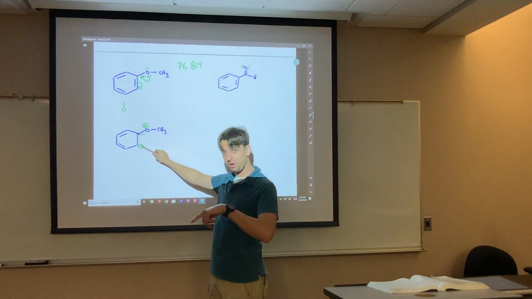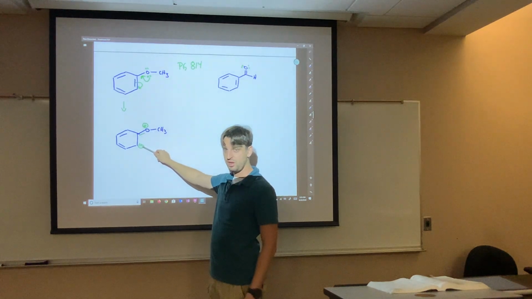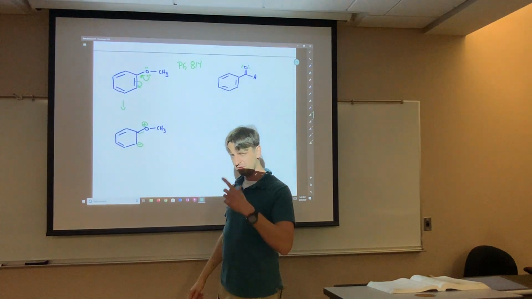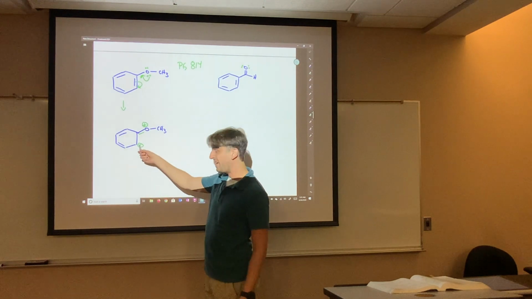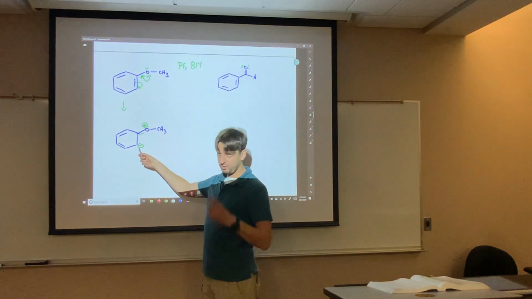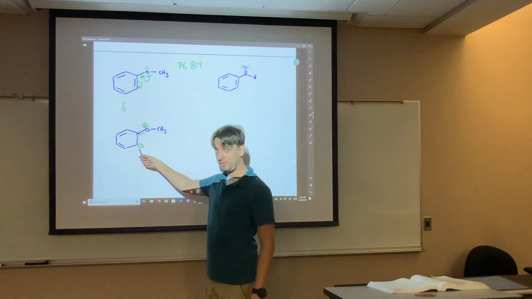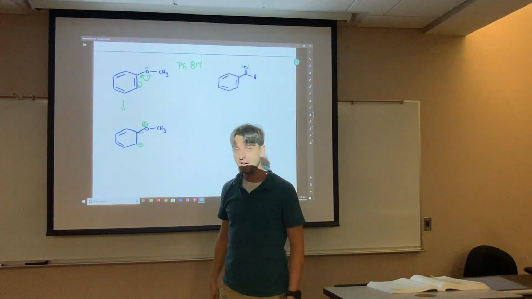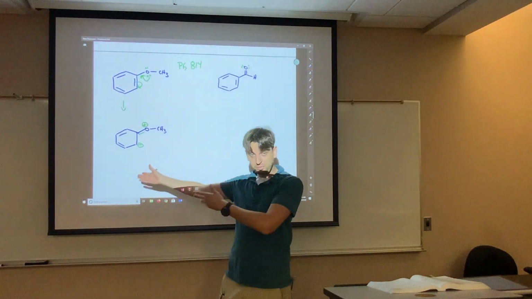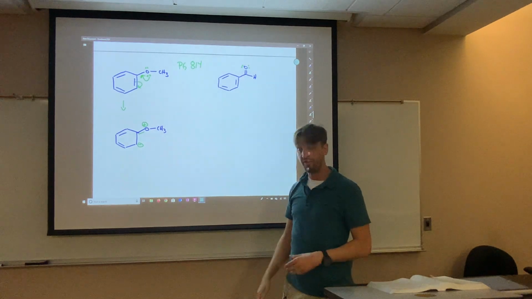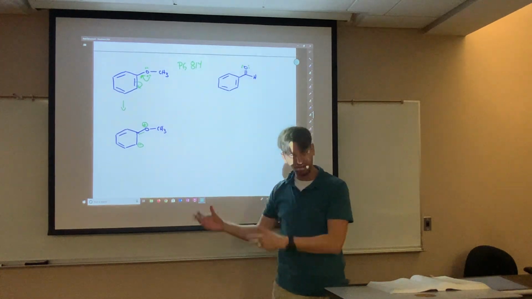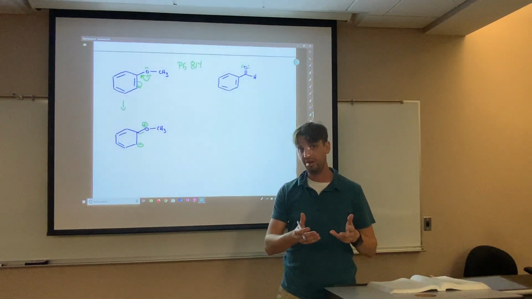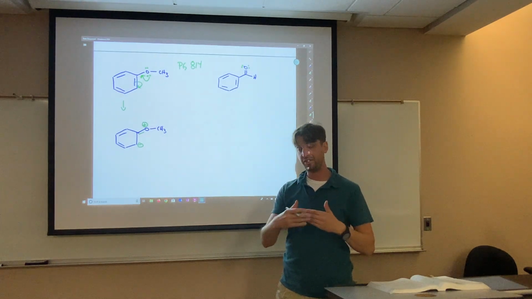So this is an ortho substituted negative charge. Do you guys catch where we're about to go with this? If this is more negative, and we're doing electrophilic aromatic substitution, why do we call these activated rings? Well, we couldn't put a negative charge where we're going to add this stuff, right? If something is feeling more negative, it's definitely going to go after stuff that's more positive. Did you guys catch that, right?